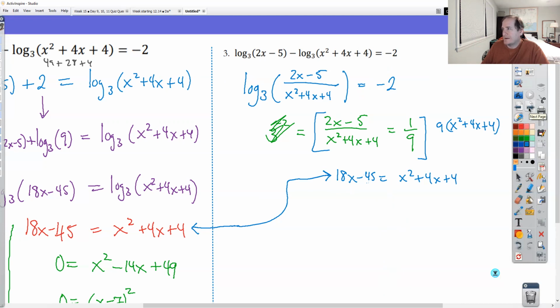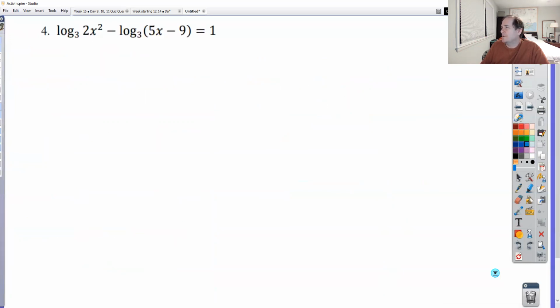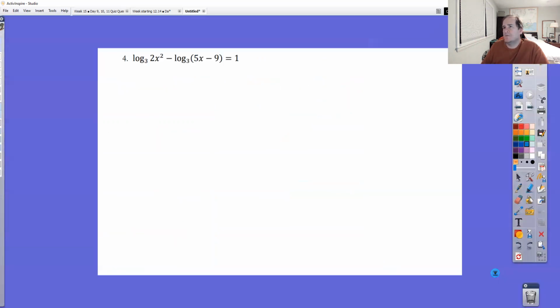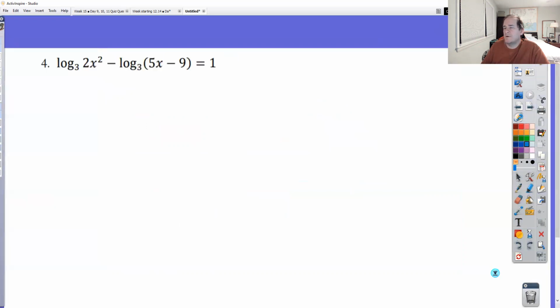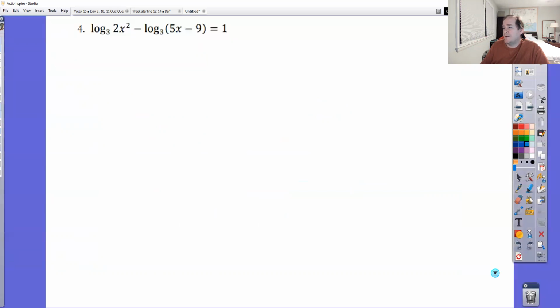Now let's go to 4. 4 is looking weird. 100% view is looking weird. 150% view is looking weird. Best fit's looking okay. All right. This seems the same. You could do the same old stuff. I would say that I think method 2 is the better method.